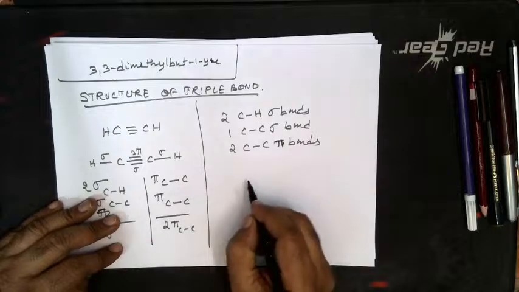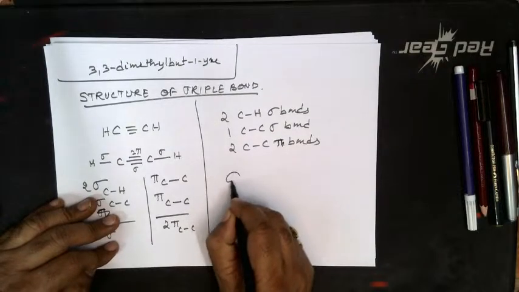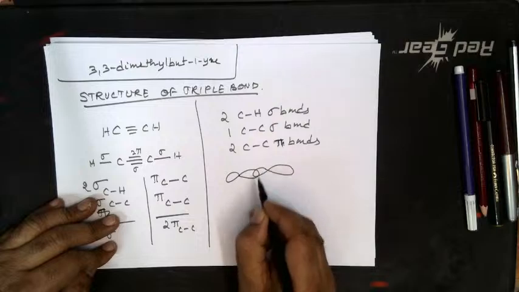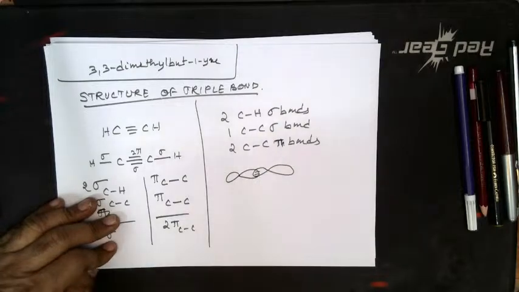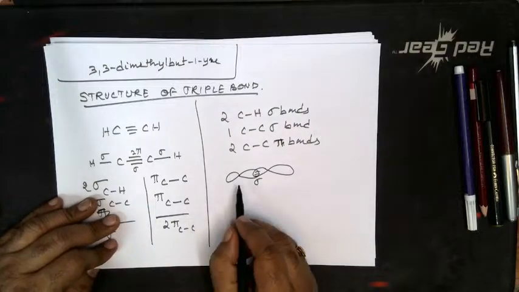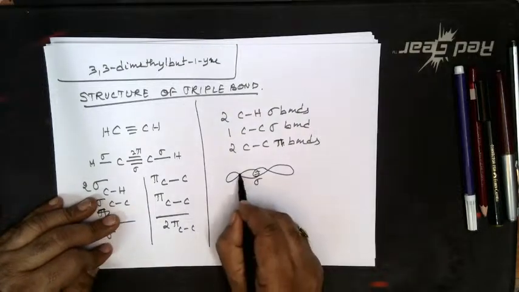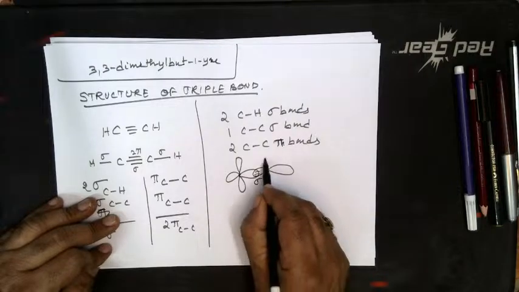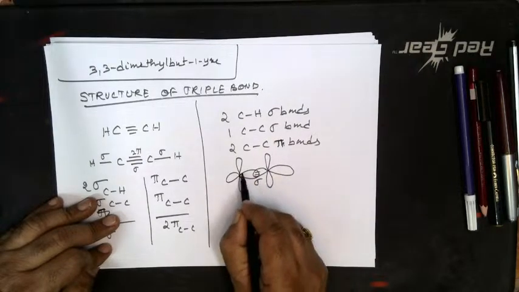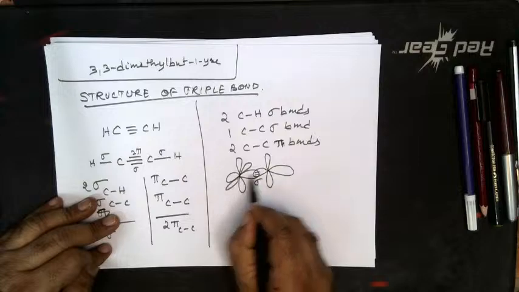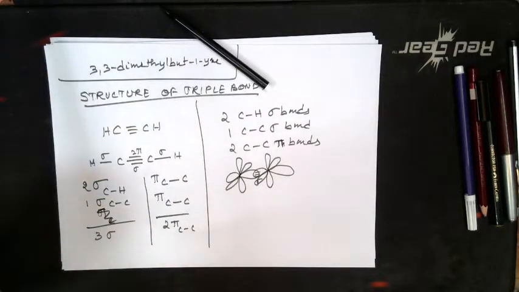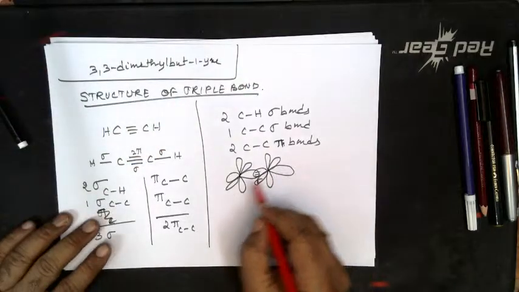You know very well the sigma bond is formed in the case of CC by the axial overlapping. This is the sigma bond. Pi bond means you get the sideways overlapping. So the vertical one, here pz, and you have this bond also. Now let me indicate this pi bond by red ink.